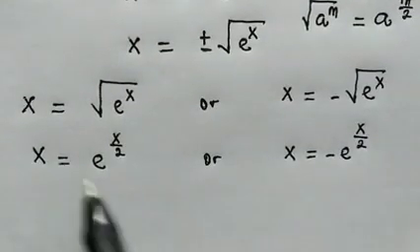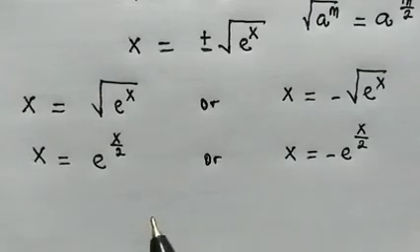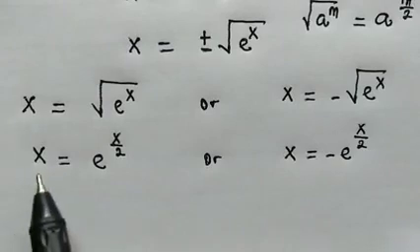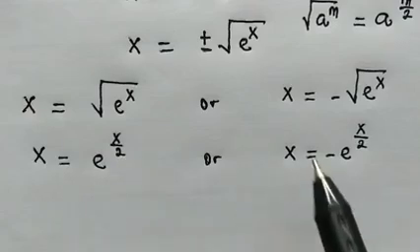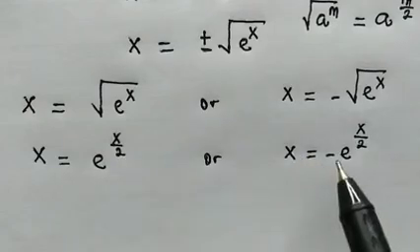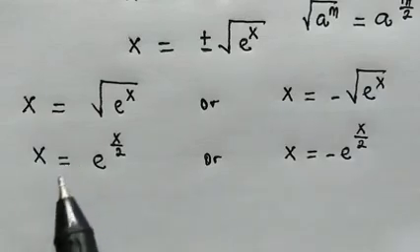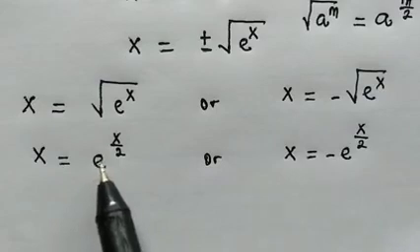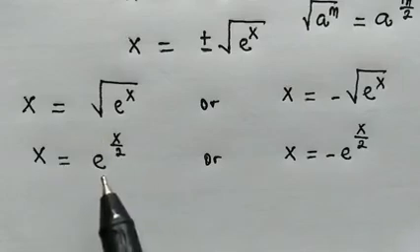Now you can see we have two different equations to solve, right? Now let's think about it. We have x is equal to positive e to the power of x over 2, and here we have x is equal to negative e to the power of x over 2. If x is negative, then there is no way e to the power of something divided by 2 will be negative, right?